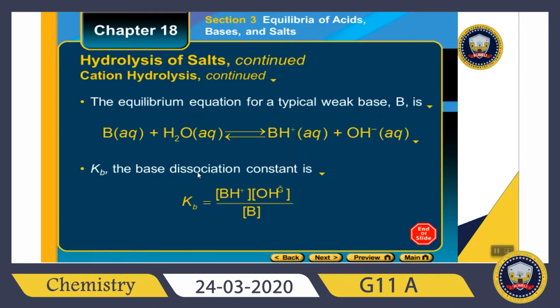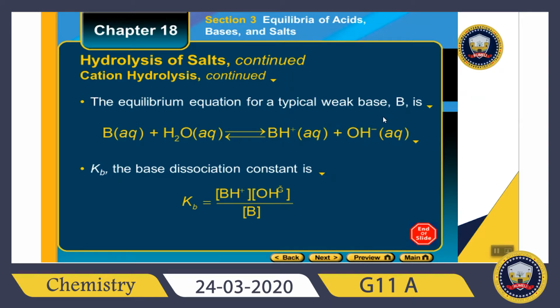The last case is cation hydrolysis. The third case is anion hydrolysis between weak acid and strong base. Here cation hydrolysis is between what? Between strong acid and weak base. This cation hydrolysis comes from what? This cation comes from the weak base, as we mentioned before.